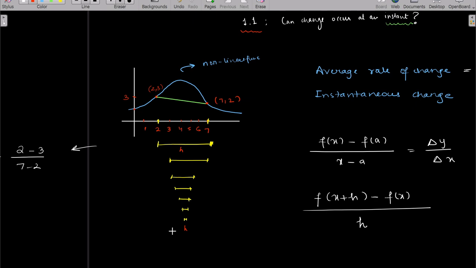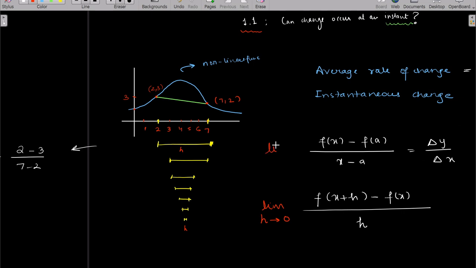The points will never coincide with each other. There will be a very small width of the interval, and that's why we say the limit when h approaches 0. This arrow means that h is approaching or tending to 0, that means h is becoming really small, like 0.000000001, but not exactly 0.